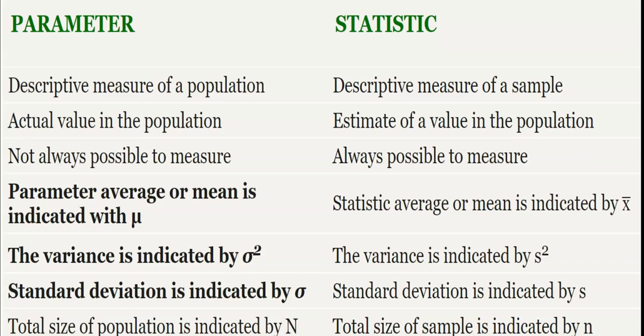The standard deviation of a parameter is indicated by the Greek letter sigma, while standard deviation for statistic is indicated by the small letter s. For the total size of population in a parameter, it is indicated by the capital letter N, while the total size of a sample statistic is indicated by a small letter n.